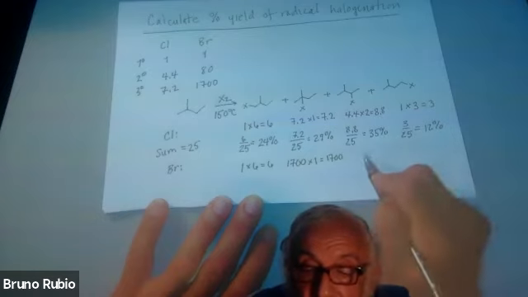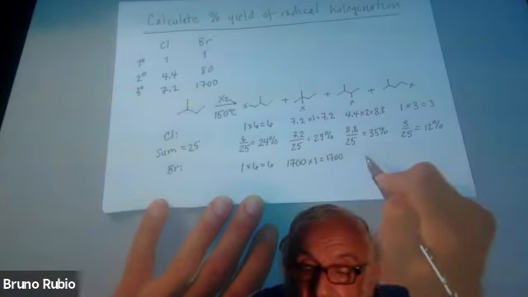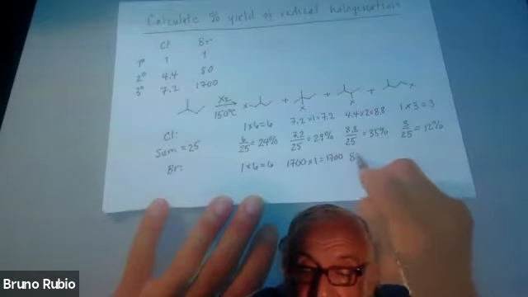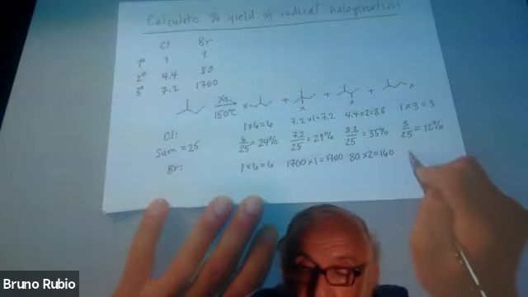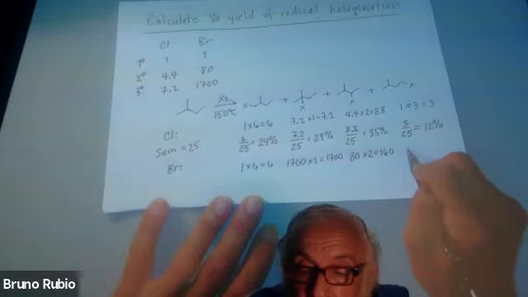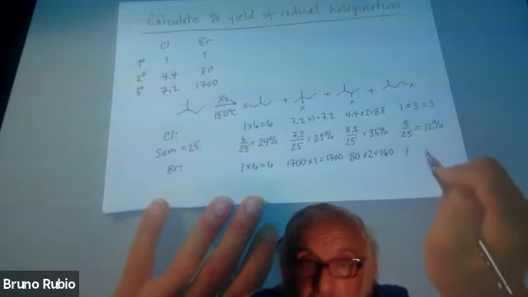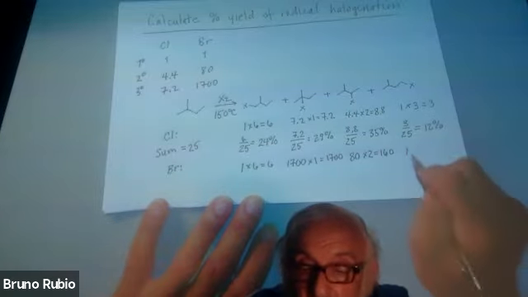Okay, so this one is secondary. The selectivity factor is 80. And there's 2 of those for 160. And here we have another primary, replacement of another primary. So selectivity factor is 1.